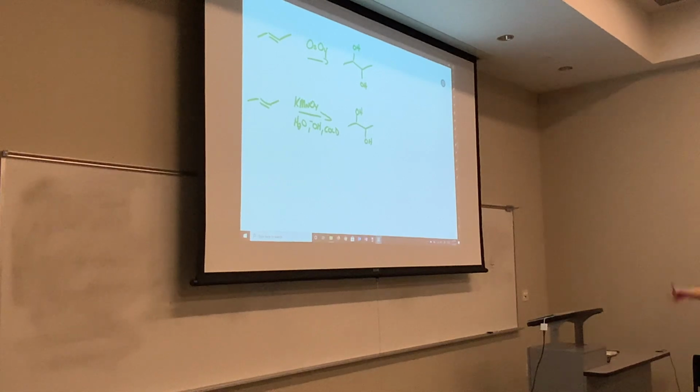We have a transition metal with a lot of oxygens around it, and then some of the other stuff in there. And what does it do? Well, it does an oxidation. You guys with me? In fact, that permanganate oxidation there, the one at the bottom, the KMnO4, that's permanganate. We'll see that again in just a second.